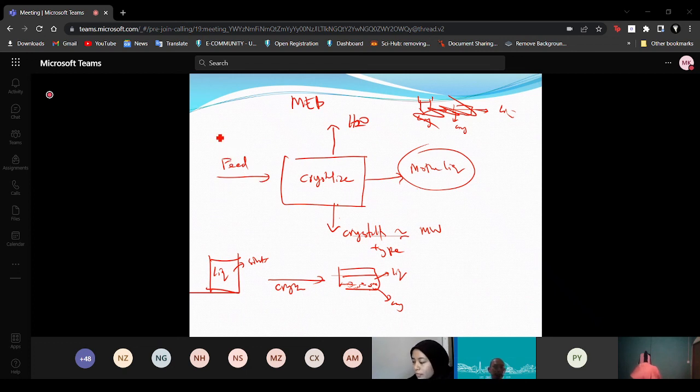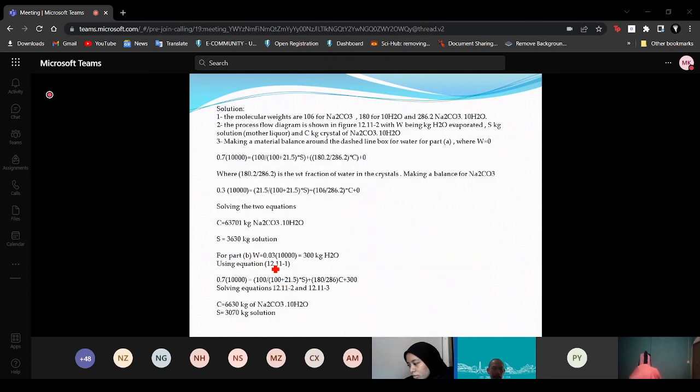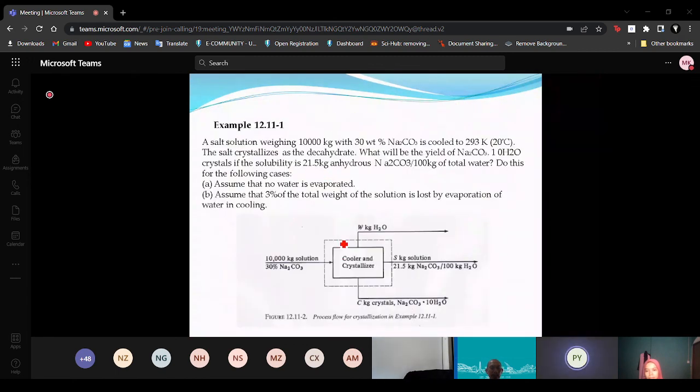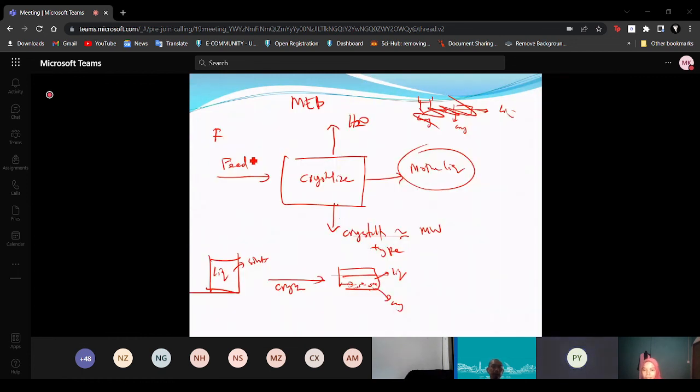Alright, so you have the feed. Okay, the feed I put as F, or maybe they use another word here. If they solve this, they use something so that it tallies. Crystal C, W, and F. I think F and S. Okay, this one we call F, feed. This one we call W, usually water, standing for the water going out if there is evaporation.